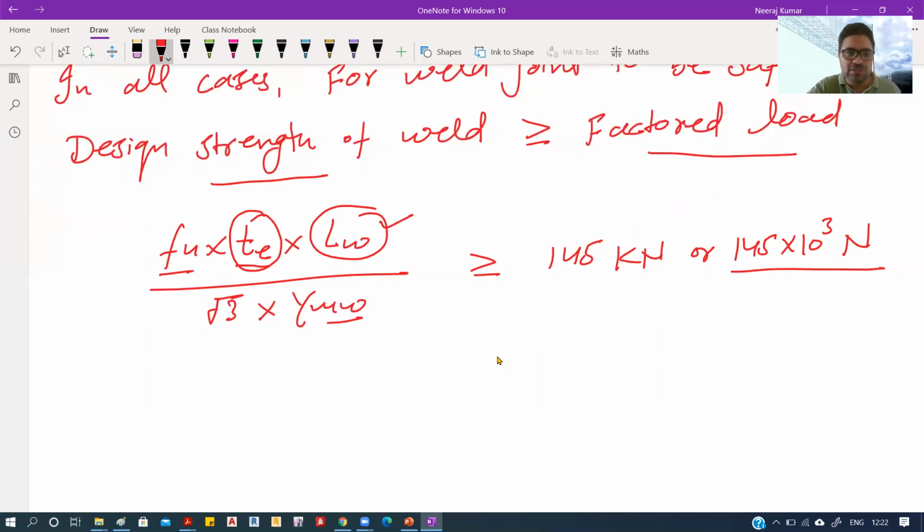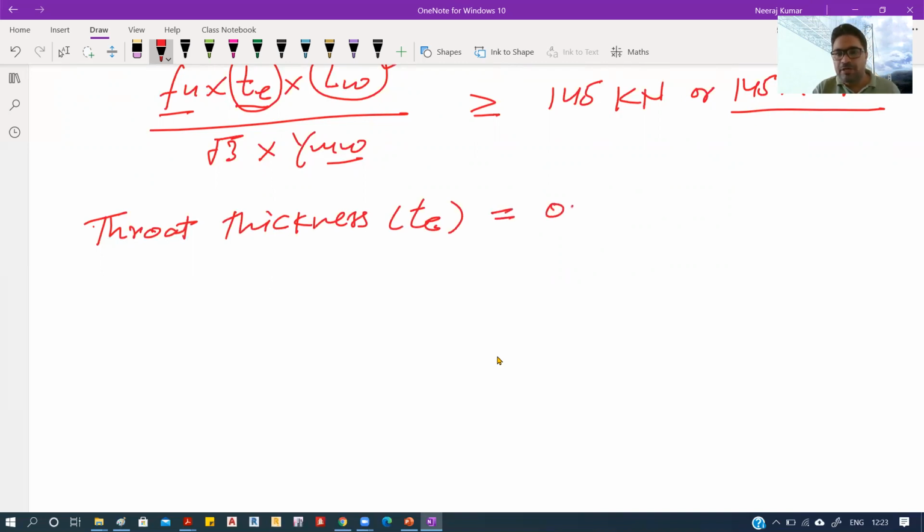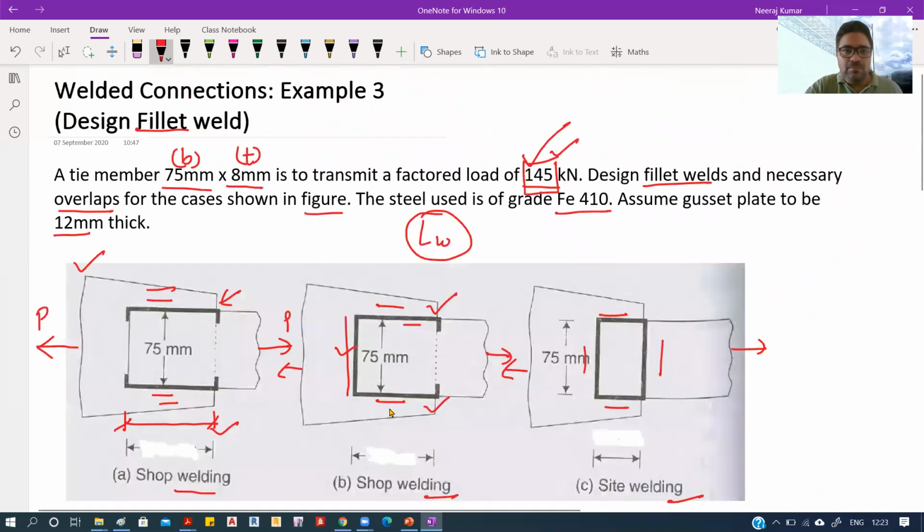Now Te is the throat thickness, and in fillet weld, throat thickness is represented by Te, and it is equivalent to 0.7 times S. Now what is S? S is the size of weld. Now you can see in the problem there is no mention of the size of weld. So which means we need to estimate the size of weld.